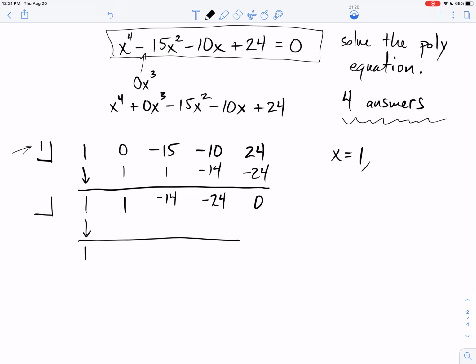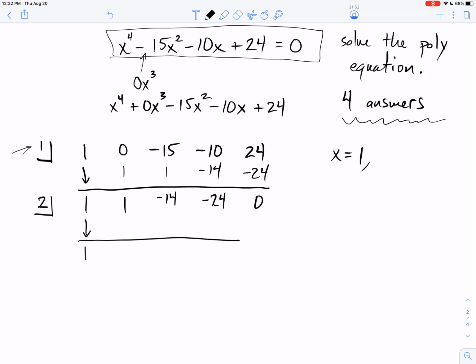Now here's the thing. I could use 1 again. 1 might work. But it won't in this one because I already made up the example and I know that 1 won't work. So what do you do? You go, well, what's the next easiest number to work with? How about 2? Would 2 work? Maybe 2's the breakthrough we need. So I'm going to erase that and I'm going to get a 2.